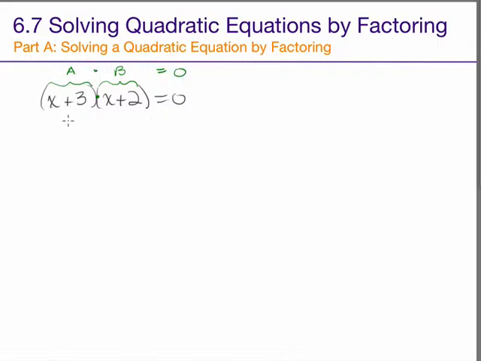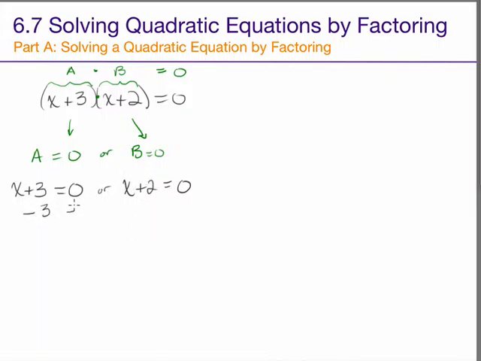So either A equals 0 or B equals 0. Or both, of course. But A is all of this, x plus 3. So either x plus 3 equals 0 or B is all of x plus 2. So x plus 2 equals 0 is another possibility.